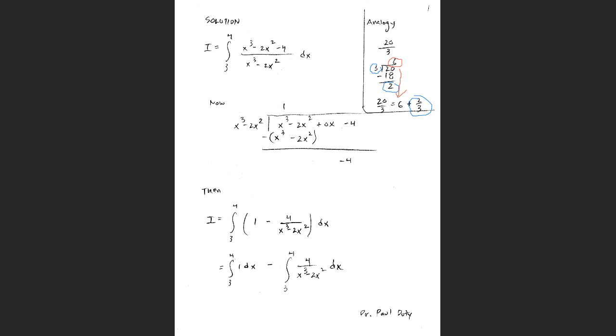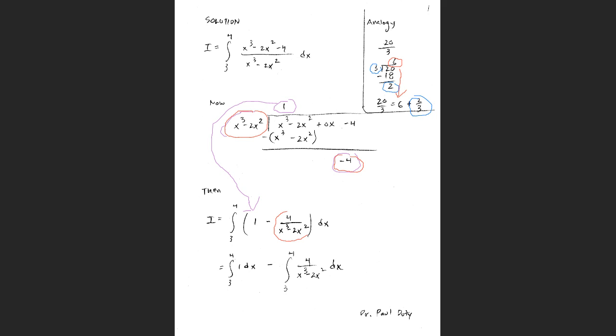Here's a 1. That's there. And then I have a remainder of -4 over, let me maybe put that in red, -4 over x cubed minus 2x squared.